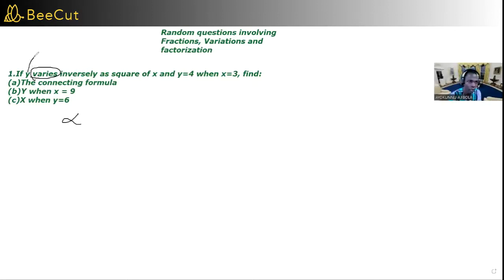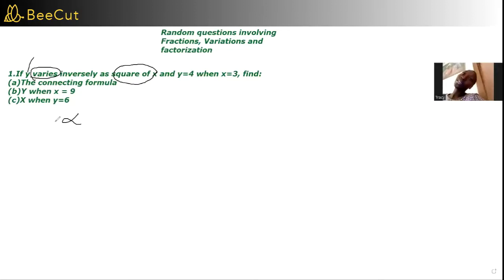The first one is y. And the next thing is square of x. Read the question again.